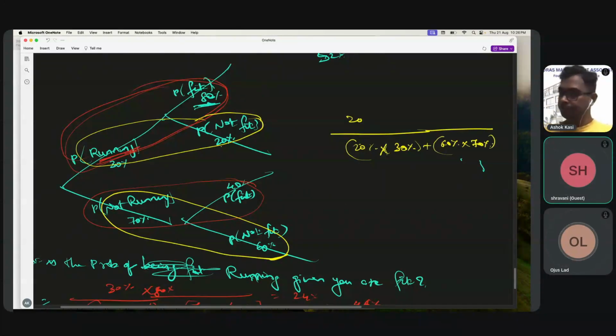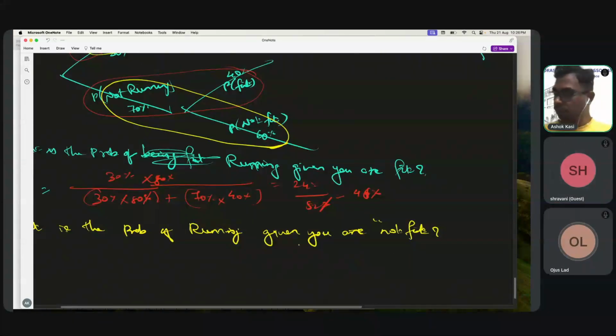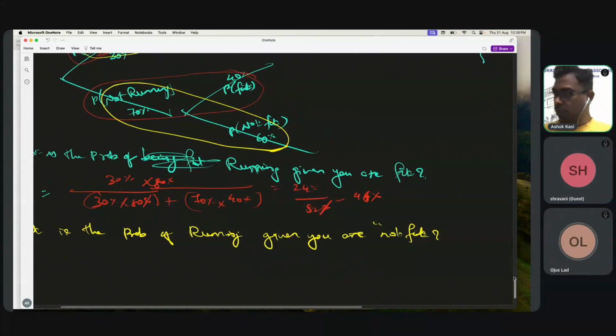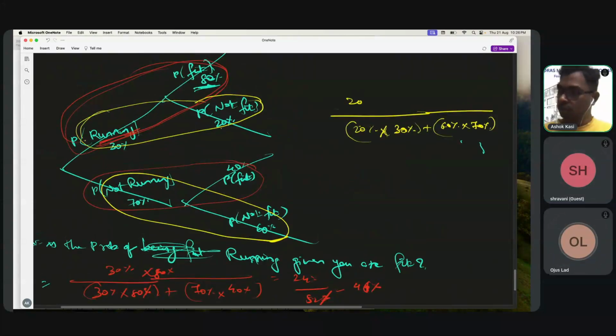And in the numerator, the question is the probability of running, so running is this one. This joint probability I will take, which is 20% into 30%. And whatever answer comes, that is it.